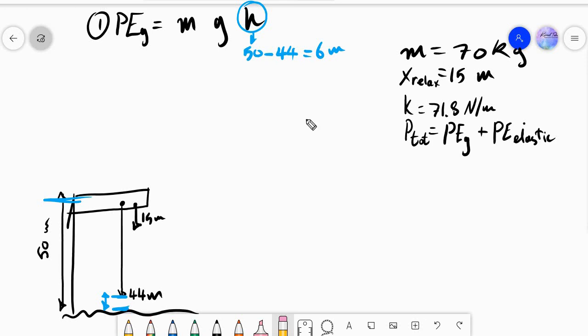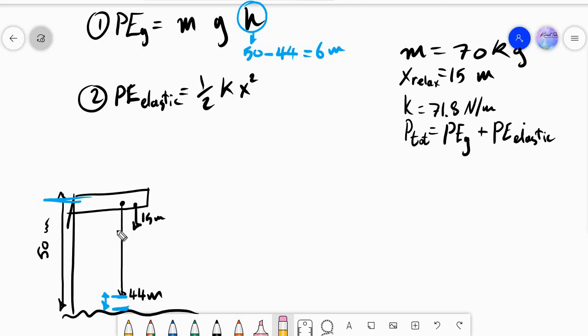Okay, let's complete. Now number two, we want to know the elastic potential energy. The elastic potential energy formula is half k x squared. Don't forget squared, please. I said that at the beginning, guys.